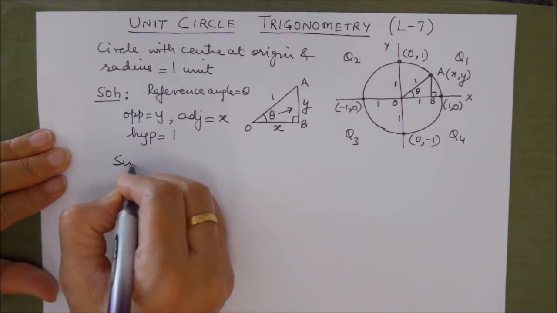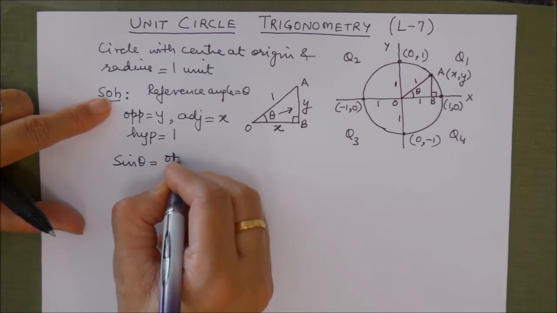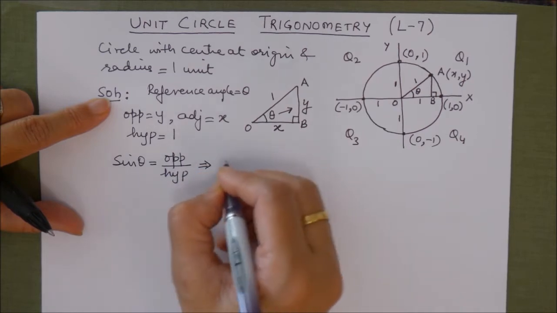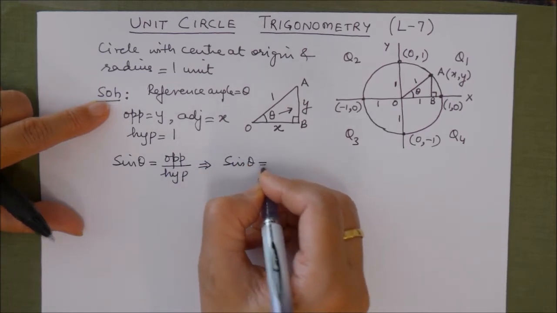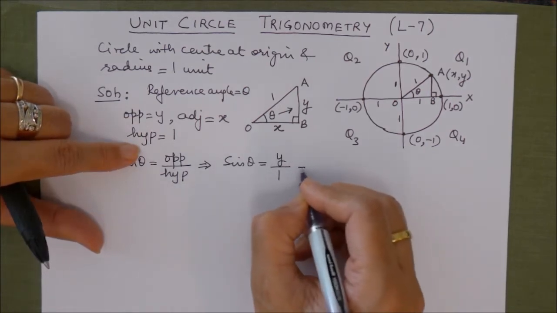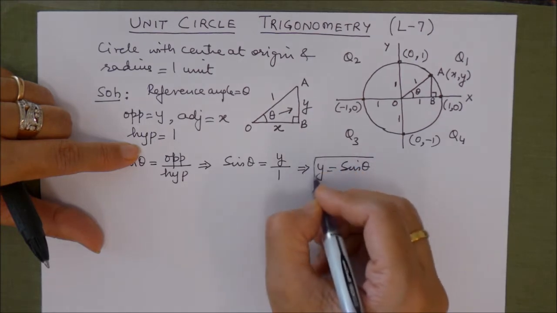So sine of theta is opposite upon hypotenuse. So we write sine theta is equal to, opposite is y upon hypotenuse is 1. That means we get y as sine theta.